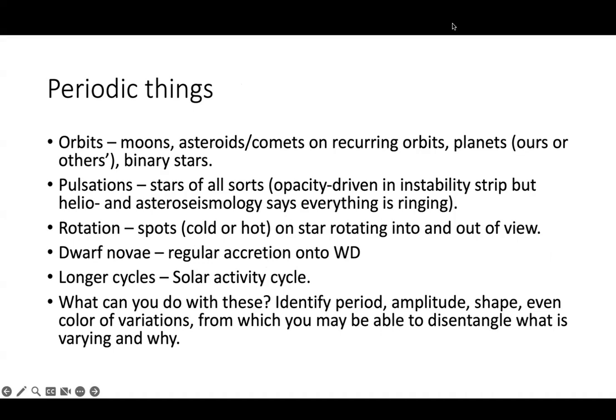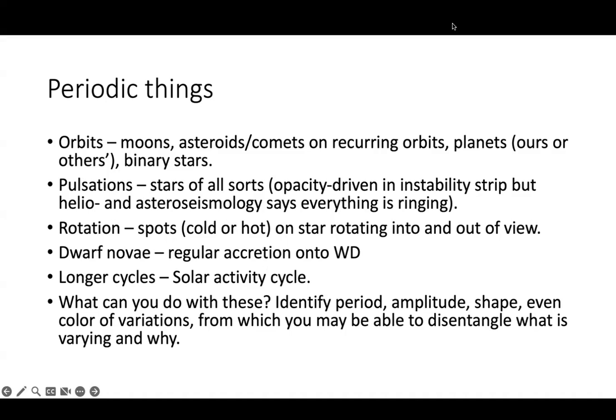Sometimes the most basic kinds of pulsations that you may have read about in Astro 101 is something called opacity-driven instability strip pulsation. That's the thing where the star cools off and condenses a little bit, which then causes certain elements to recombine, which then means that the opacity increases, which means that the energy is held in and it heats up so that it expands, and then it cools off and the stuff recombines and then it collapses.